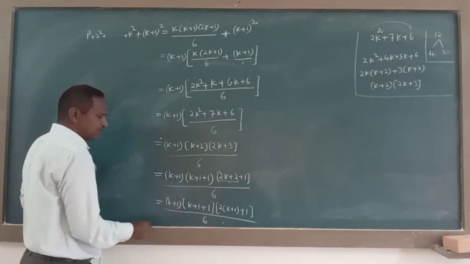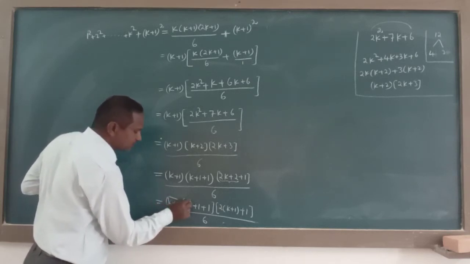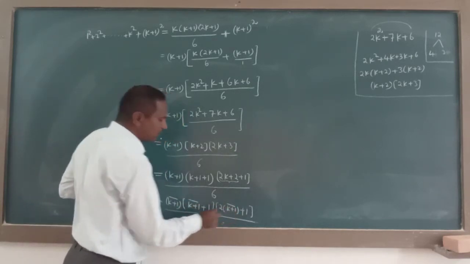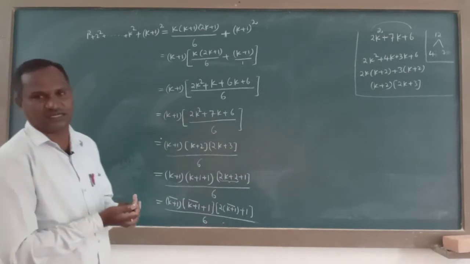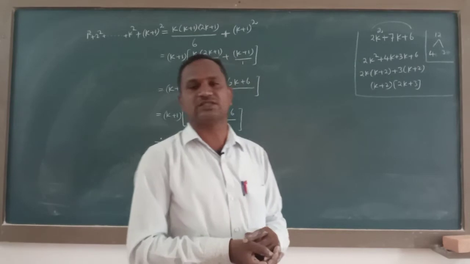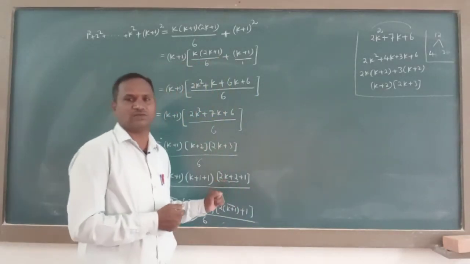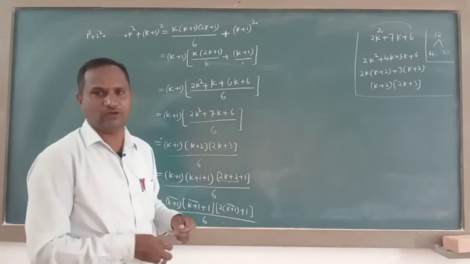Wherever you see the k plus 1 term, just put a small bar on top of that, because this bar represents only the k plus 1 term. Because before this, on this side, instead of k plus 1 we considered n. That is why, in place of k plus 1, we are going to substitute n here.